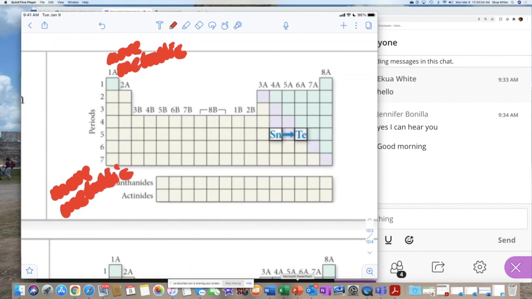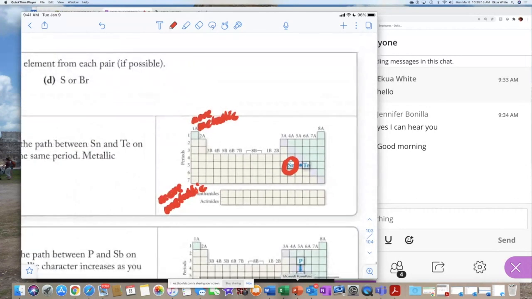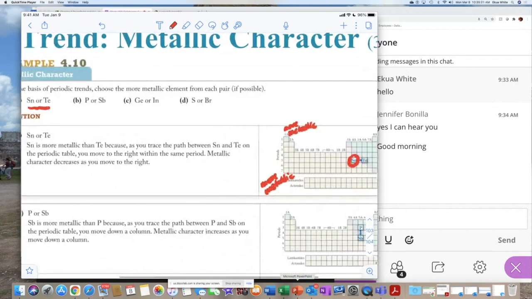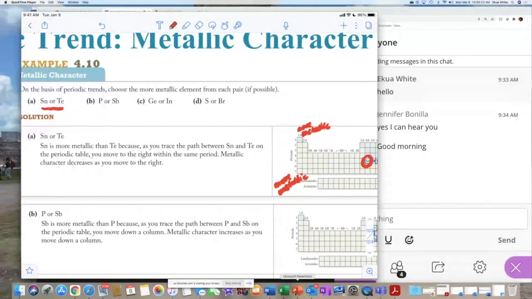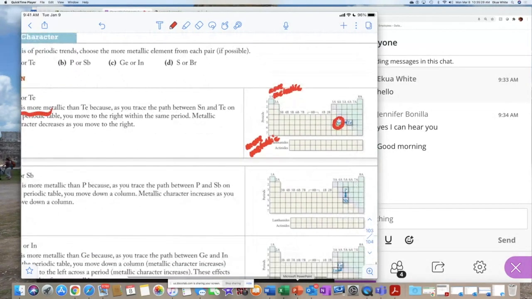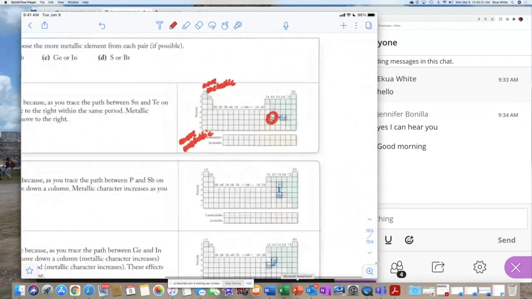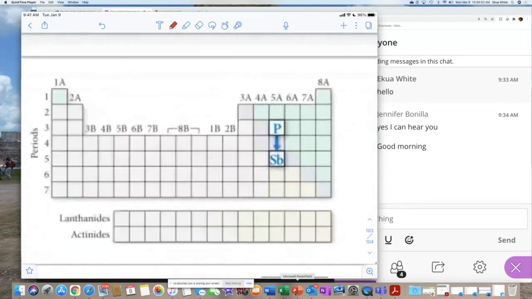Since I've zoomed in, the letters are all smudged together. But anyway, this one here will be more metallic, Sn, right? Because it's further left. And the one that's further right is more nonmetallic. So Sn should be our answer. And they say it right here. Sn is more metallic.